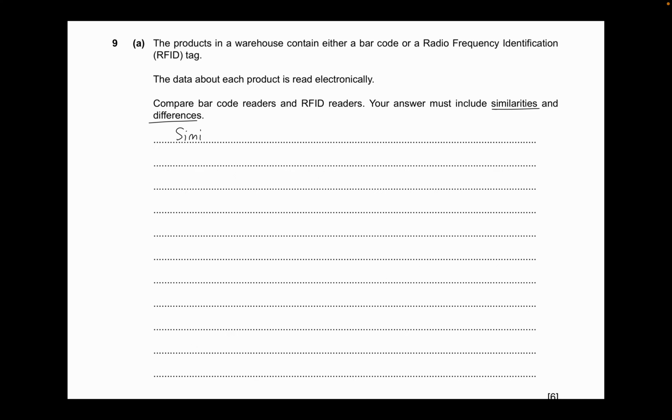So you're going to write it like this. Similarities: both readers scan the product code. That's obvious. You can say that both readers use direct data entry.